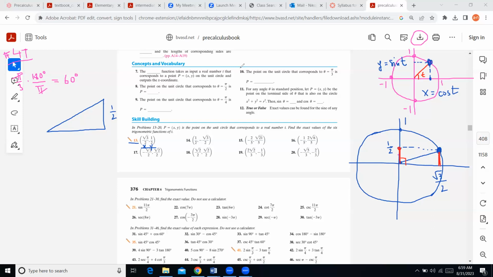And the other measurement here will be the square root of 3/2. That's what I claim. And the hypotenuse is 1.